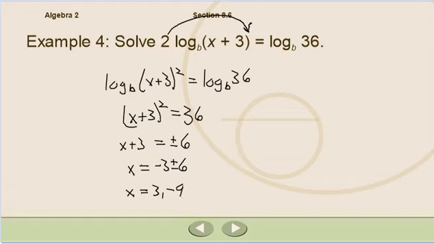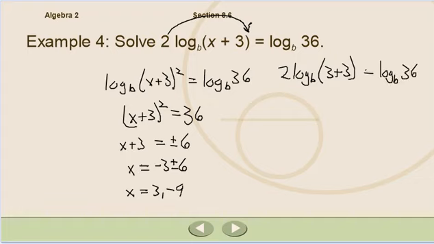Now we have to check our solutions because we can't have a negative in here, so let's check 3. We have 2 log base b of 3 plus 3 equals log base b of 36.